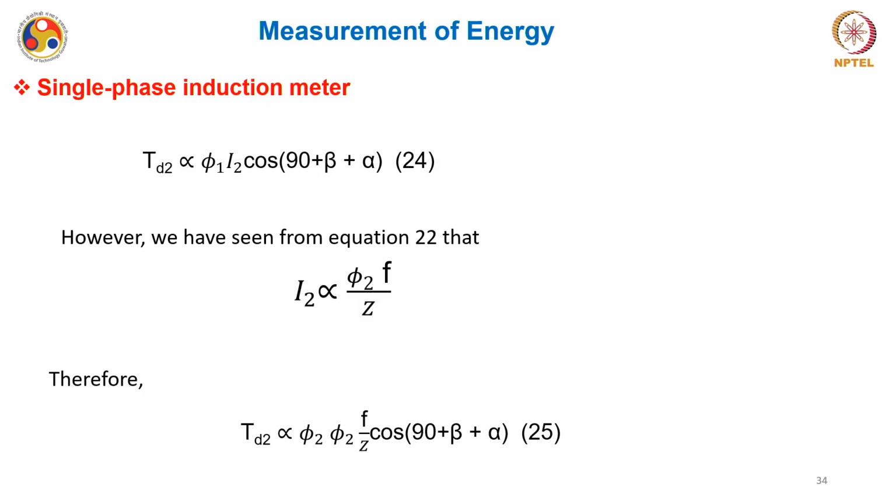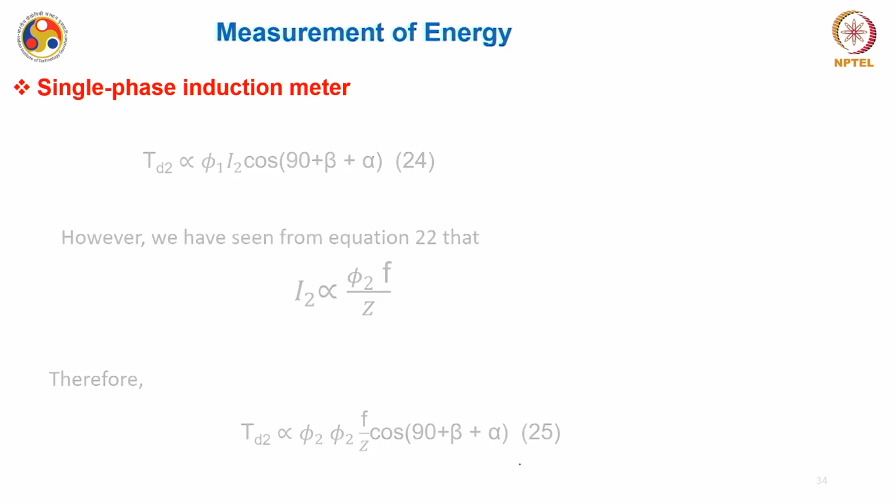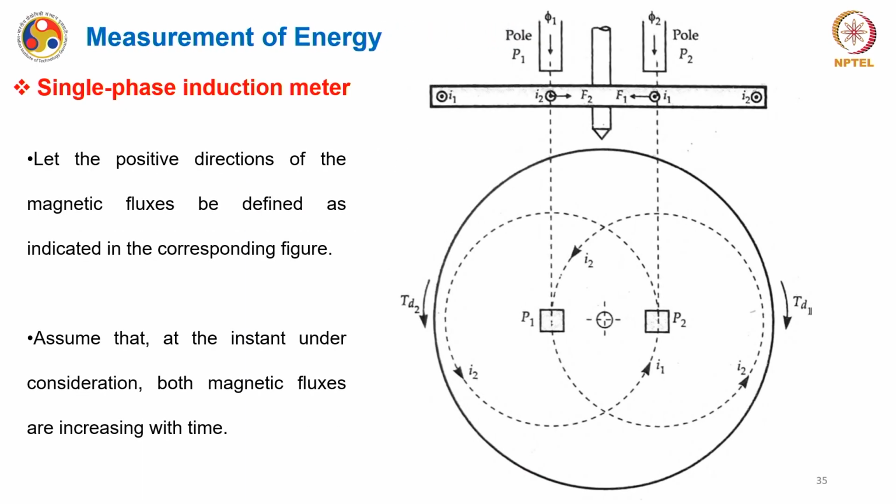However, we have seen earlier that I2 is directly proportional to phi 2 into f by z, and if I replace this I2 with this value, TD2 can be given as phi 2 into phi 1 f by z cos 90 plus beta plus alpha. All right, so this is the second torque that we are talking about. We will come back to this torque again.